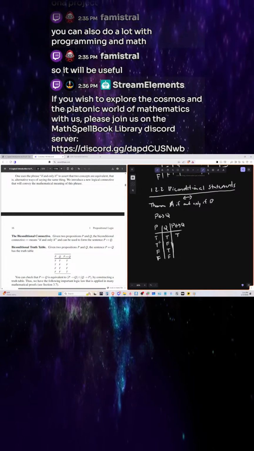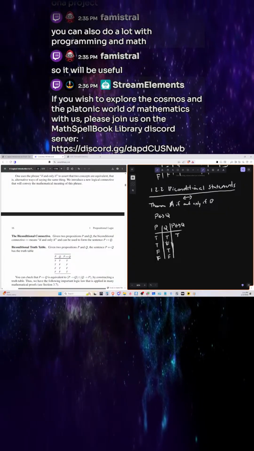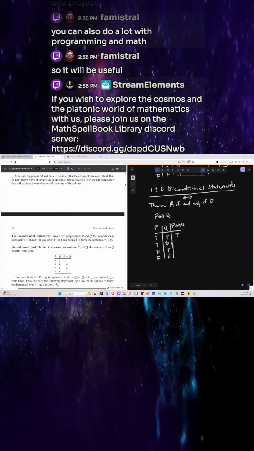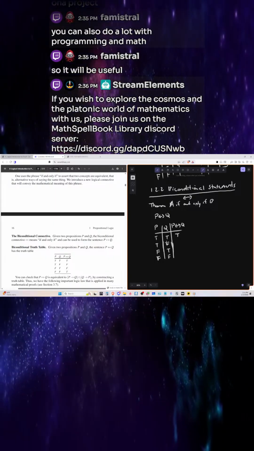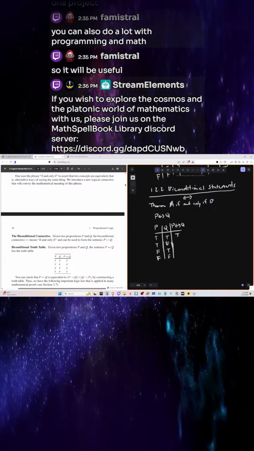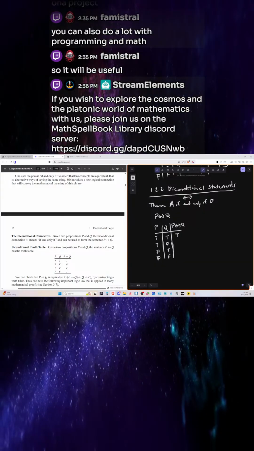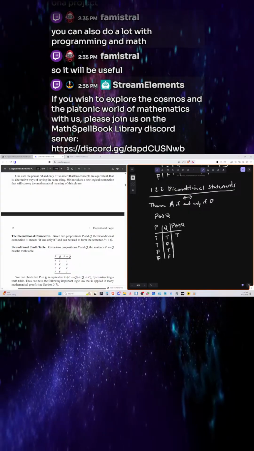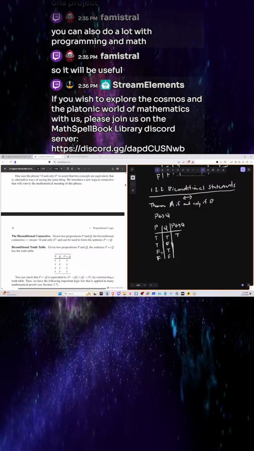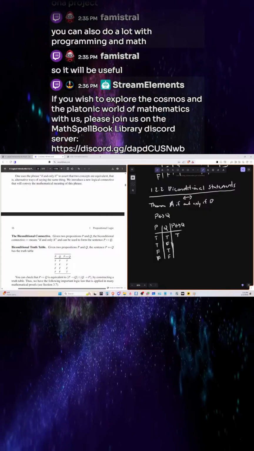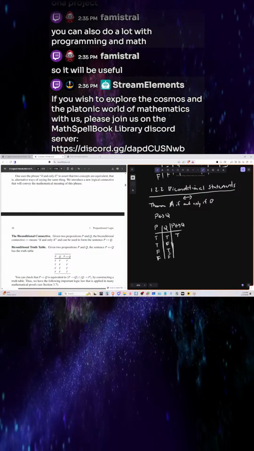P is true if and only if Q is false. To me, that sounds like it could be a true statement, if you phrase it out loud. Because then P is false if and only if Q is true, and P is false if and only if Q is false.